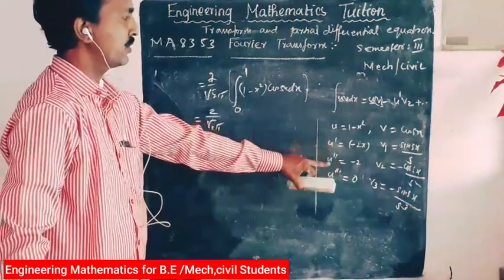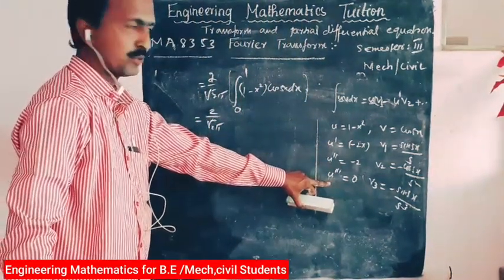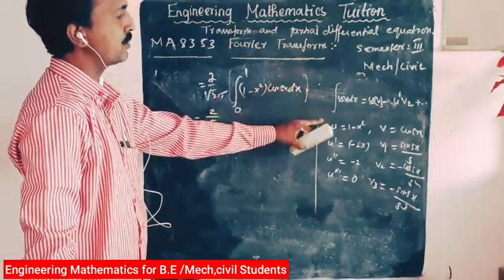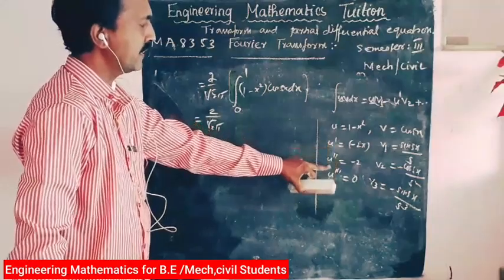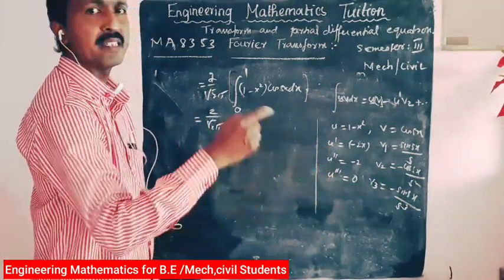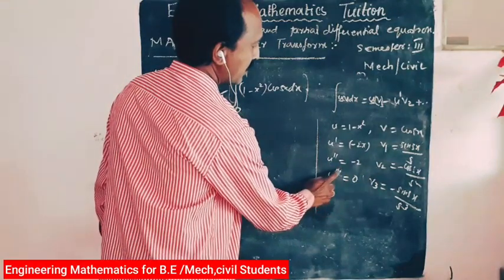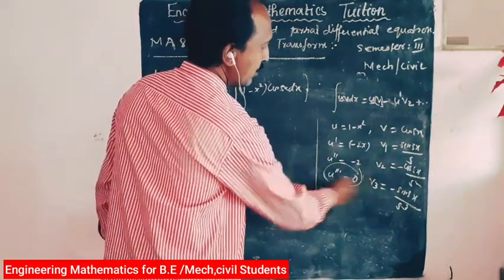So first derivative, second derivative, third derivative. In Bernoulli's formula the fourth term is automatically eliminated, and the third term too, because the third derivative is equal to 0.